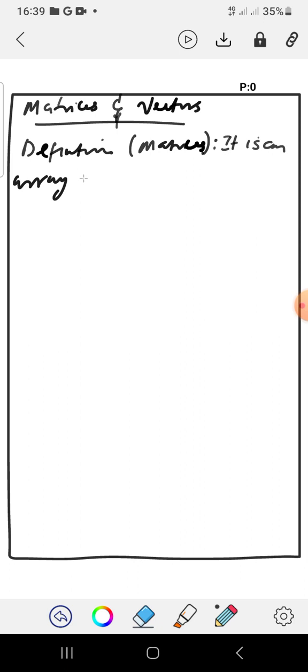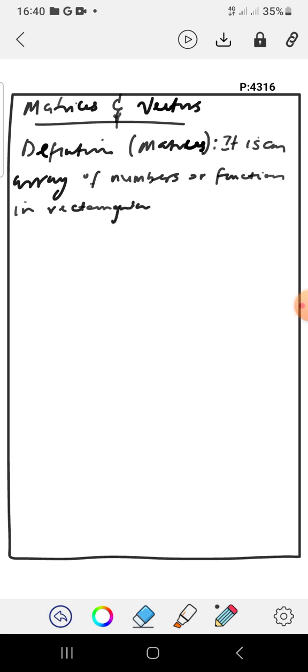It's an array of numbers or functions in rectangular form. So it's like you put numbers in a rectangular box, or you put functions in a rectangular box. Let's look at this example.